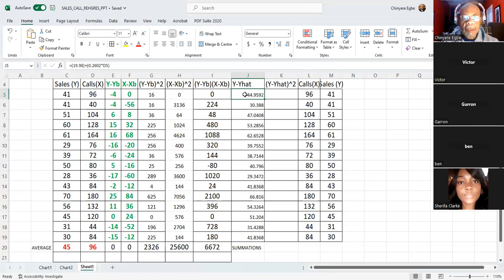Oh, no. Excuse me, guys. I have to calculate Y hat first. Sorry. You have to calculate Y hat first before you calculate Y minus Y hat.